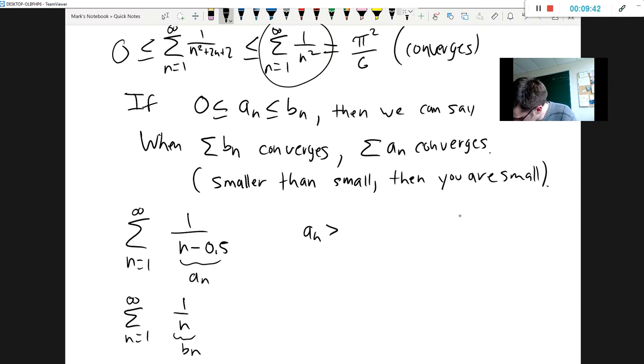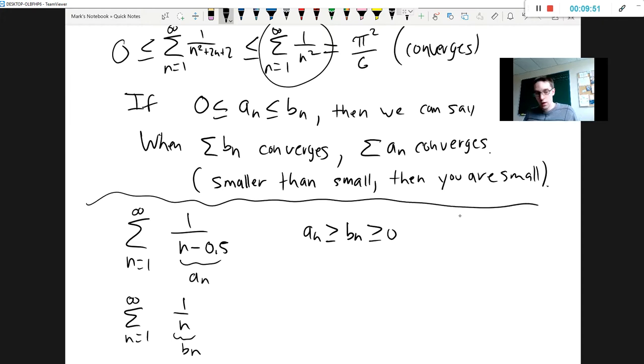AN, in this case, is greater than or equal to BN. And BN is greater than or equal to 0. And the reason for that is, again, the denominator of AN is smaller, which makes the fraction bigger. We know that this series diverges.